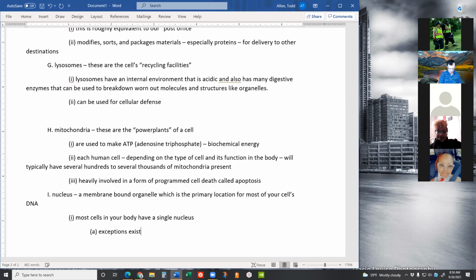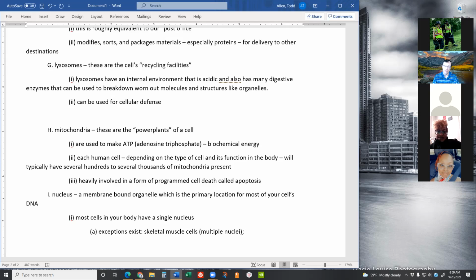Exceptions exist. For example, skeletal muscle cells can have multiple nuclei. In fact, they almost always do have multiple nuclei. We'll talk to you more about why that is when we get there.